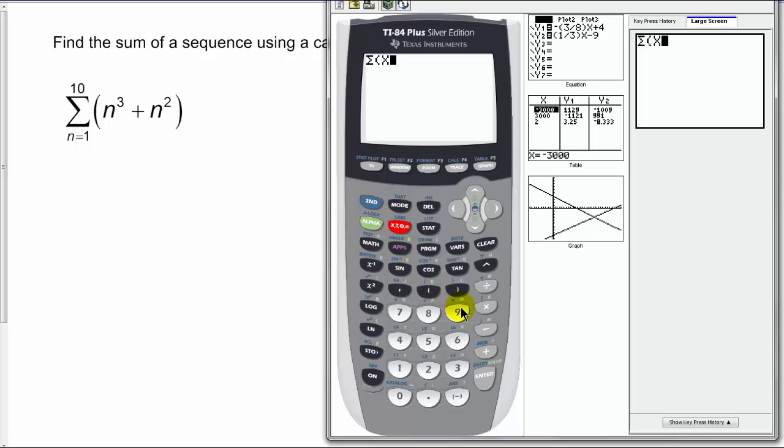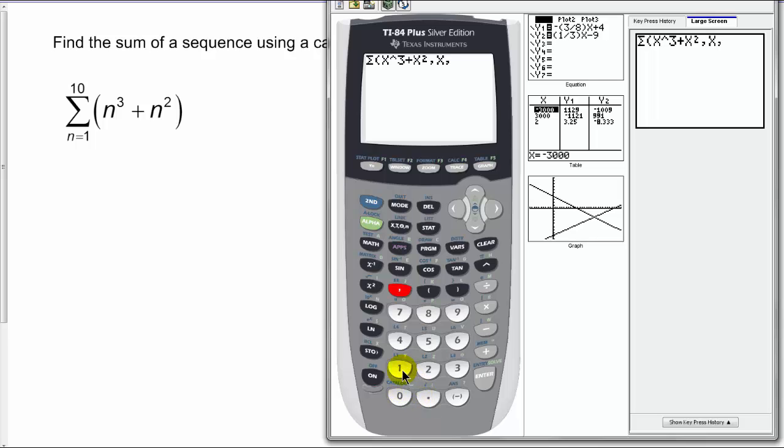X cubed plus x squared. And then after you've written your formula, you're going to put a comma, followed by the variable you're using in this case, or the counter, and that's going to be x. And then you're going to tell the calculator where to start.